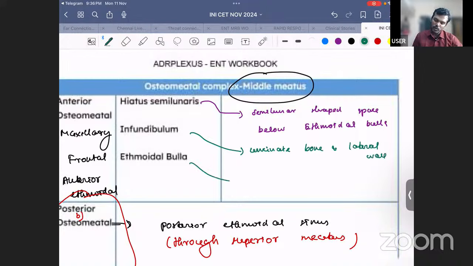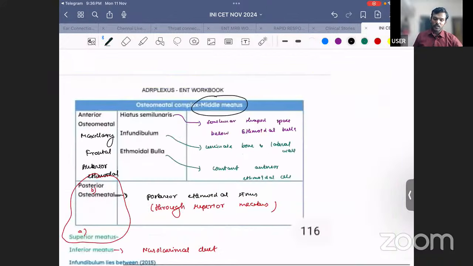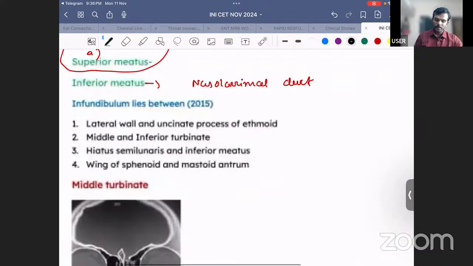Ethmoidal bulla is the most constant anterior ethmoidal air cell. So the infundibulum lies between the lateral wall and the uncinate process of the ethmoid. Okay, fine.